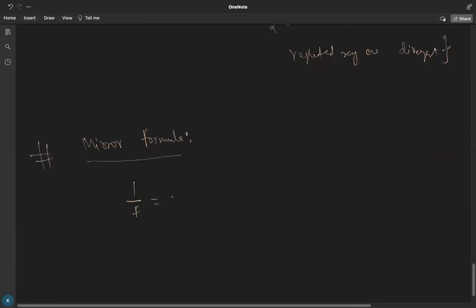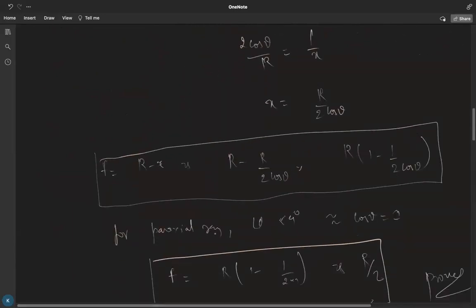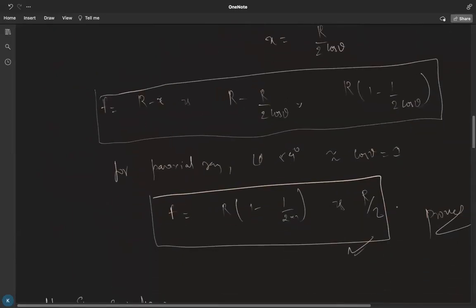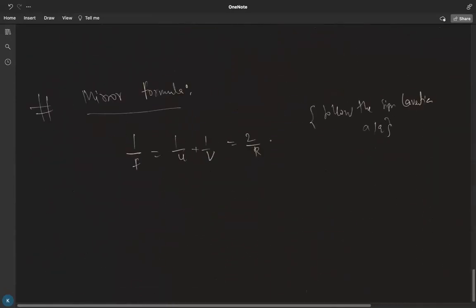The mirror formula is written as 1 by F is equal to 1 by U plus 1 by V, and you have to follow the sign convention according to the questions. This is equal to 2 by R, because F is equal to R by 2, which we already derived for the paraxial ray. So 1 by F, we can write as 2 by R. This is our mirror formula.